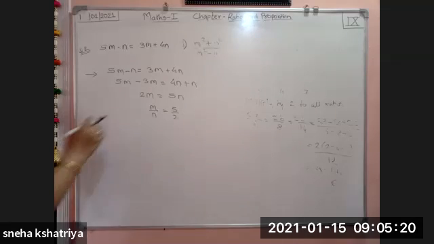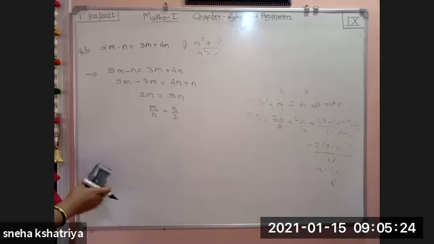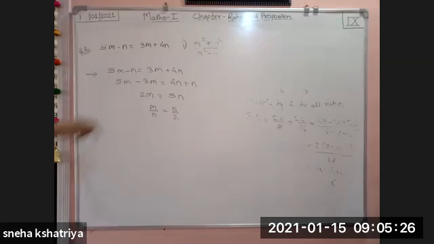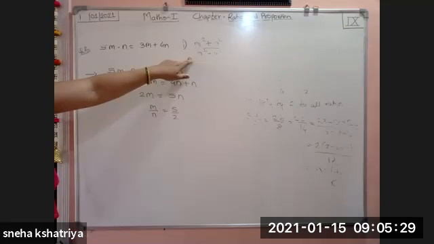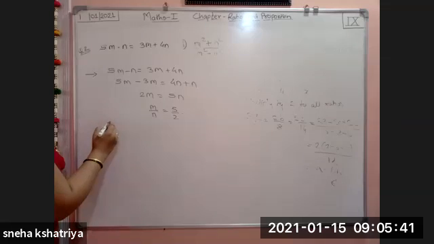Or you can solve like this also. So what will we get here? Okay, now you will solve like the last method, by componendo dividendo. So here what are you going to do? Take the square first. Whatever is given, m square upon n square. We will write it down here.